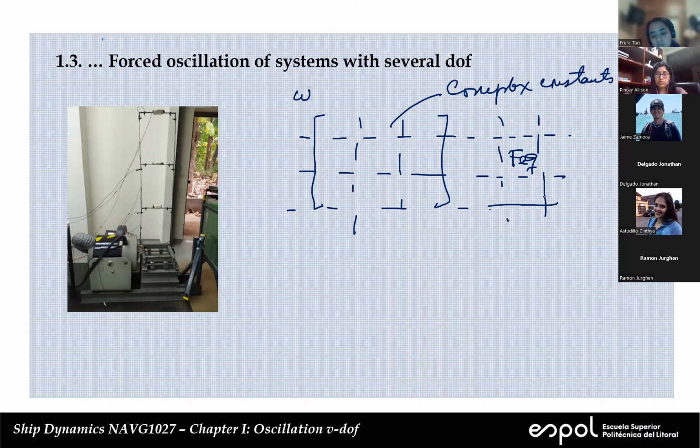So when you differentiate, you have omega. So you're going to have omega here and omega here. And finally, from here, you can calculate U1, U2, and U3. And these are complex.